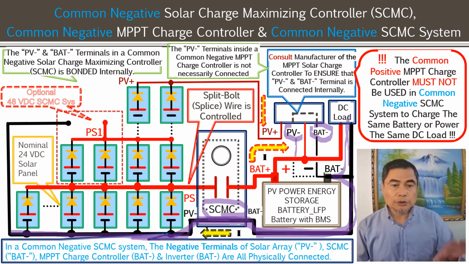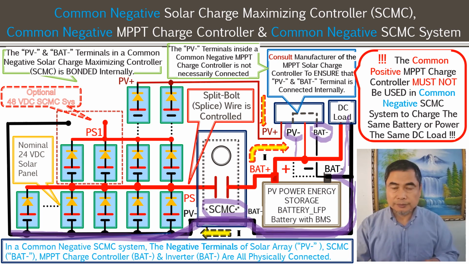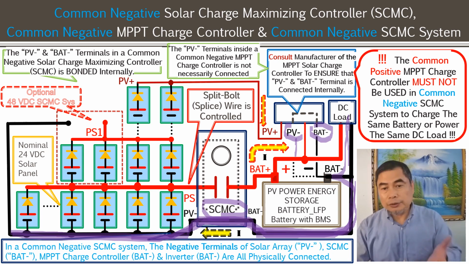But in our solar charge maximizing controller, we have these bonded, solid negative terminals so that they conduct the current. It will help this PV system. You could also connect it, but it will not have any current going through it as long as this cable is sized sufficiently. So we define that.